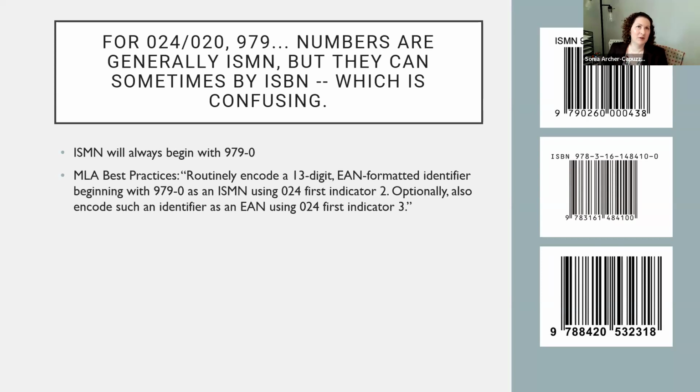So maybe change that first indicator to 8, and maybe even include a little note in there, something like originally coded as UPC. Or if you find a number that's almost exactly the same, you can probably correct it and it's probably okay. But jump in and tell me if I'm wrong on that.